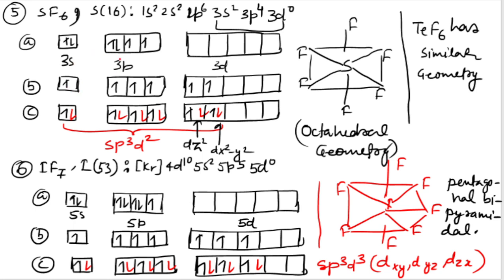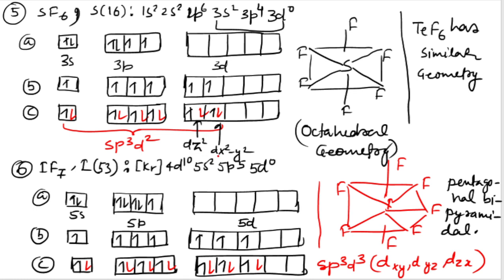So one electron goes to 3d, and another from the 3s electrons goes to 3d. So here the total is 5 unpaired electrons in the excited state. So one electron will be shared by this fluoride ion, okay, and form the hybridization.